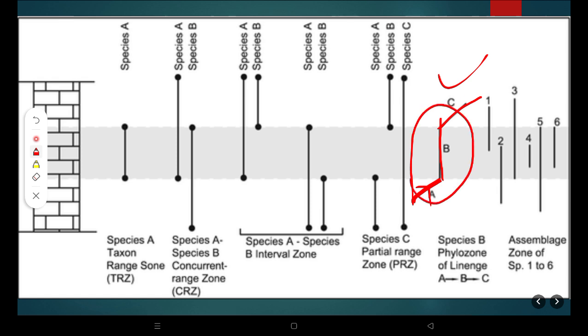This part represents the evolution, how species A evolved to B, and B to C. If we find such a scenario in a rock section, we can name it a lineage biozone.